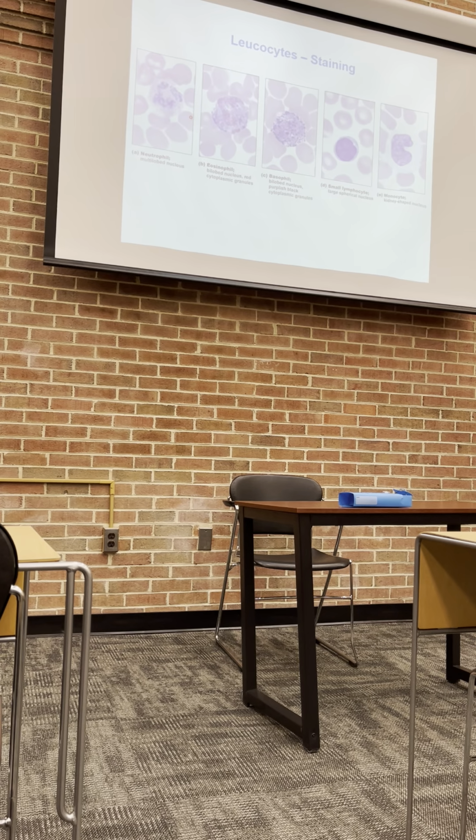They basically stain differently with H&E, or there's a similar dye called Wright stain, spelled with a W. They have different staining properties on the slide, and that gives rise to their names, actually.